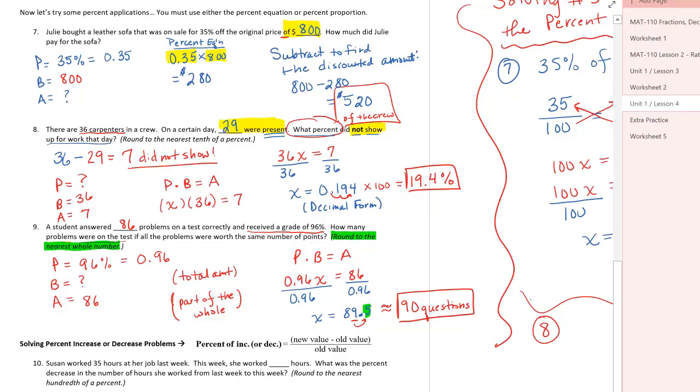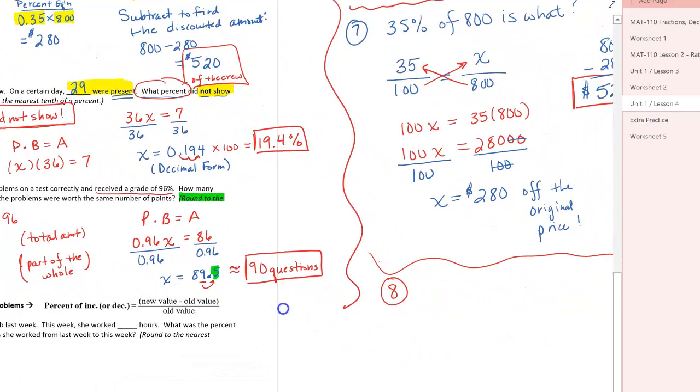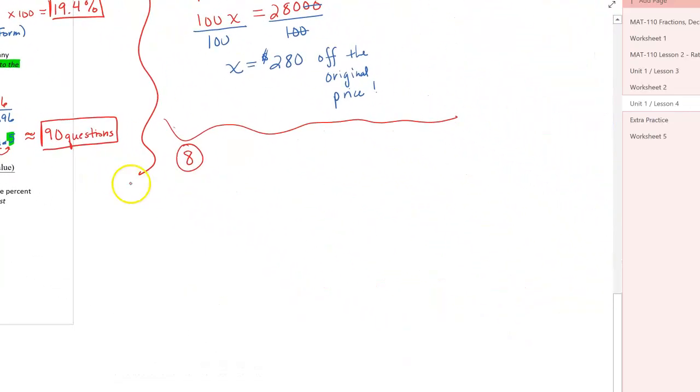So they're giving us the number that were present and asking us for the number that were absent. I already found that when I was using the percent equation. If 29 of the 36 were present, then 7 were absent. I got that by subtracting.